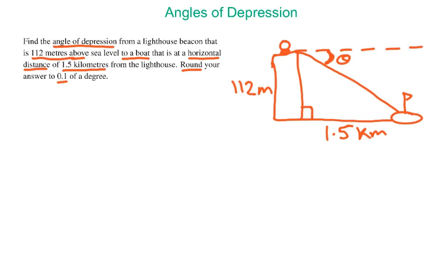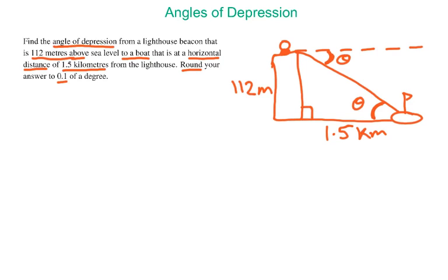And this is where the topic of parallel lines can help us out, because the angle where we're trying to find theta will be the same size as this angle here because of alternate angles. So this angle here, we can also label it theta. They will be exactly the same size.